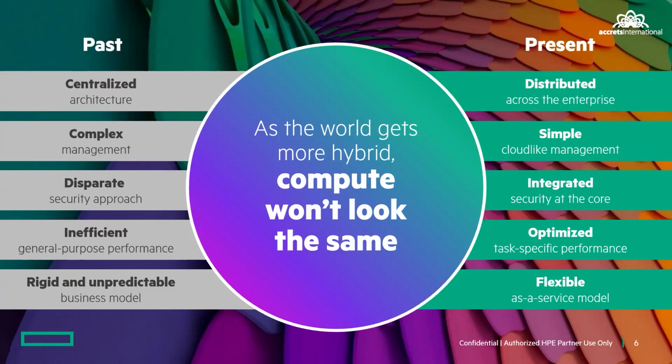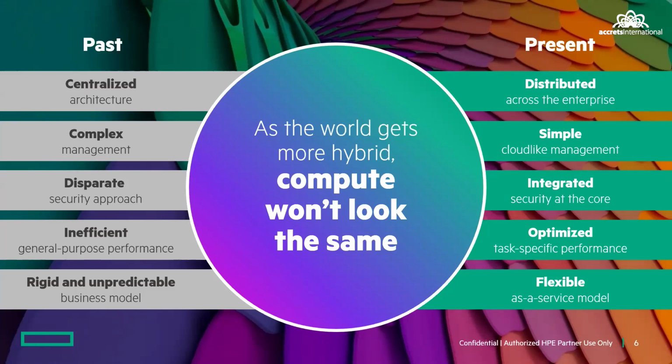So as the world gets more hybrid, right, compute won't look the same. In the current context, we have servers that are distributed across the enterprise. They can be on-prem, on the cloud, or in co-locations. The next one is cloud-like management. Things that are easy for users and operators to manage, like the cloud experience, whilst they're in the cloud or on-prem solution.